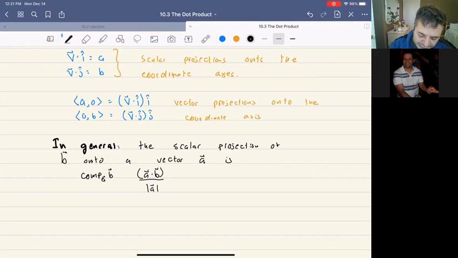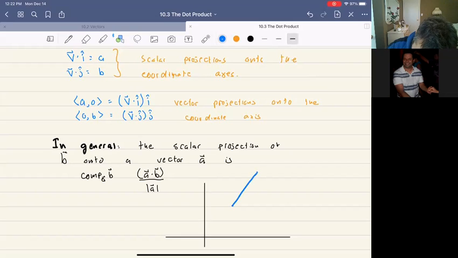Okay, so let's draw this out. If I have a vector, let's say I have the vector A here, and I have a vector B going here.